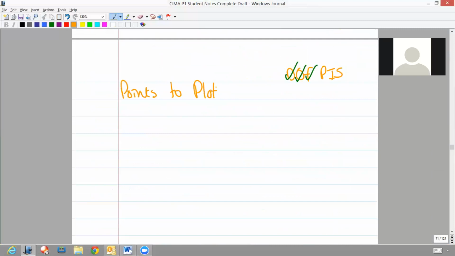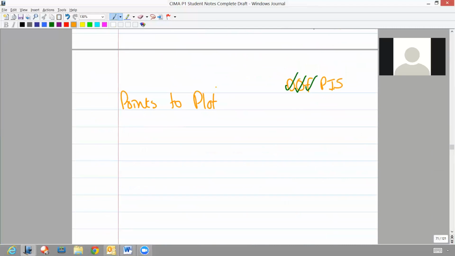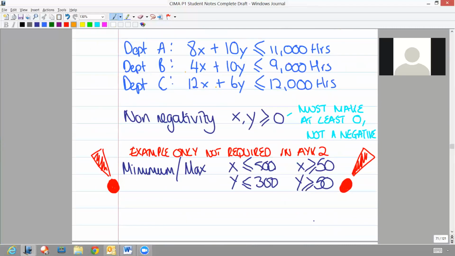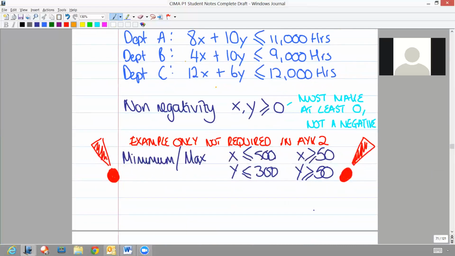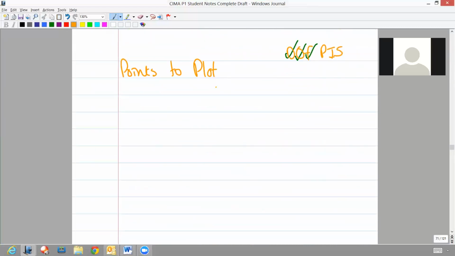Now your points to plot is all about taking the constraints and from the constraints identifying coordinates that then make up your lines on your graph. So points to plot is all about identifying what points you need to plot on your graph.